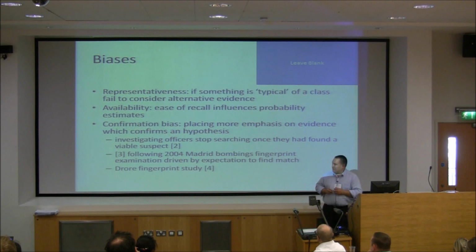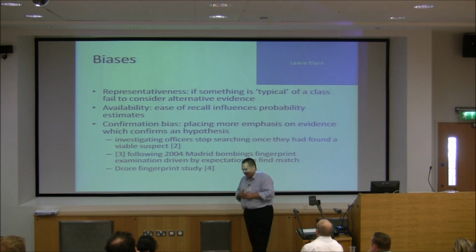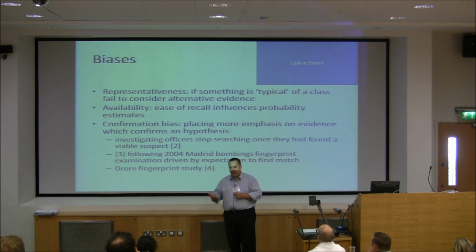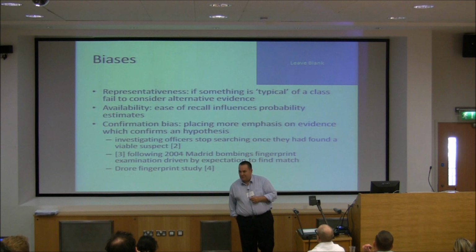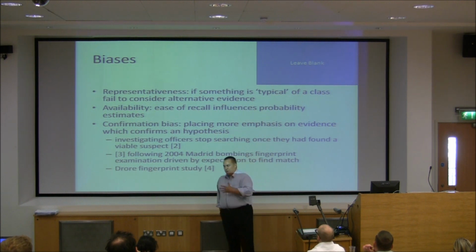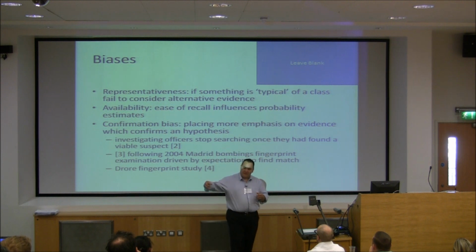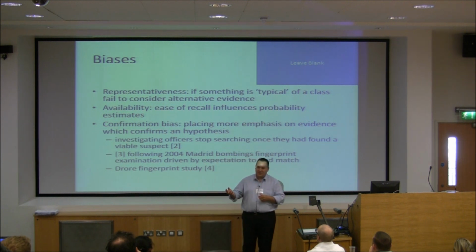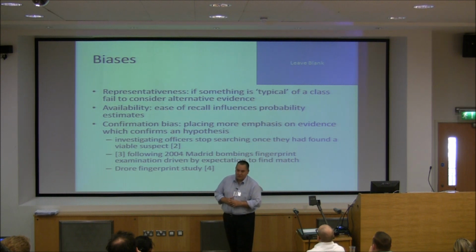Going back to the top of the list, representativeness bias is the tendency of people to pick the thing that's easiest to imagine, the one that's at the forefront of their mind. So you often find that criminal investigations, particularly of violent crimes, begin with relatives, because statistically relatives are the people most likely to commit violent crimes.